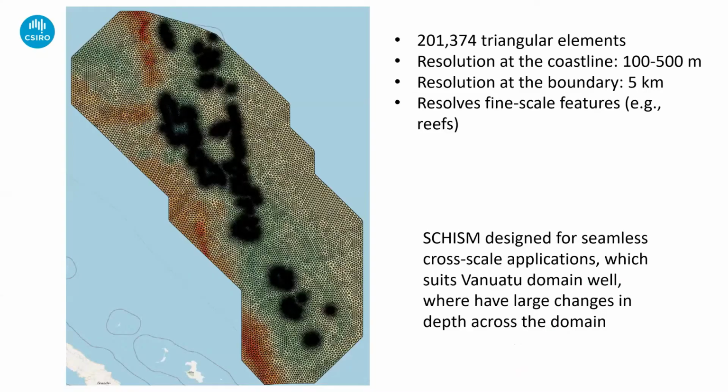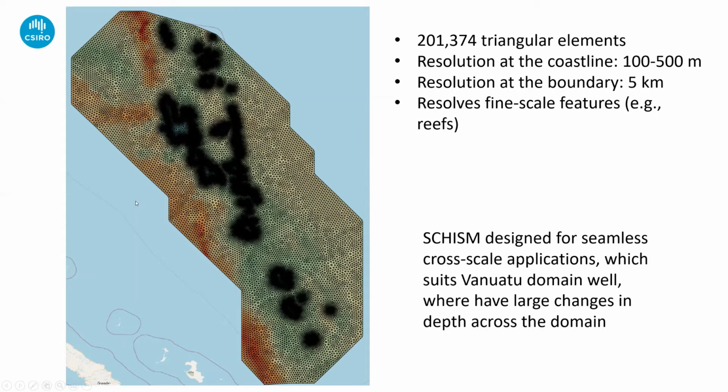This shows the model domain using our unstructured model for the national scale for Vanuatu. As you can see, it's made up of lots of triangles, over 200,000. The resolution goes from about 5 kilometers at the boundary down to between 100 and 500 meters at the coast, depending on where it is. The reason these are so difficult to see is because these are the higher resolution elements.